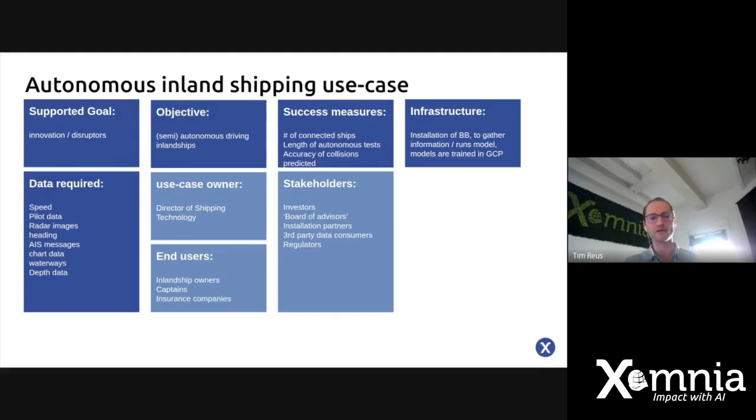Then if we look at who's going to be the use case owner, that's the director of shipping technology itself. Whereas the end users are very important here. They're not just the inland ship owners, but also the captains on board. And there's a big difference in how these two people want to interact with models. So that explained to us that we really need to think about how we're going to do this.